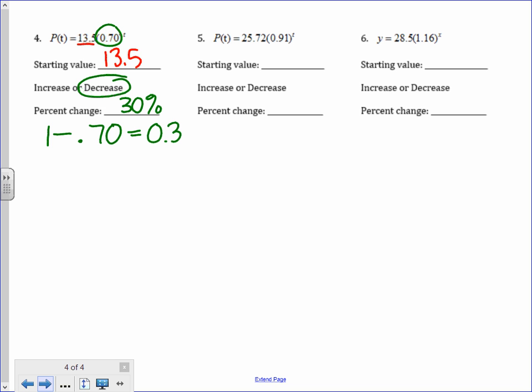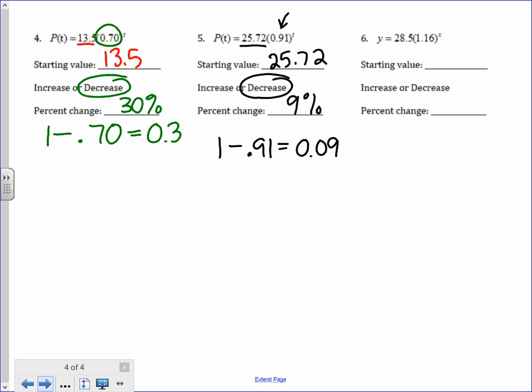All right, the starting value in number 5, 25.72. Because 0.91 here is less than 1, it's exponentially decreasing. And to find the percent it's decreasing, I take 1 minus 0.91 and get 0.09. 0.09 is a 9% decrease.